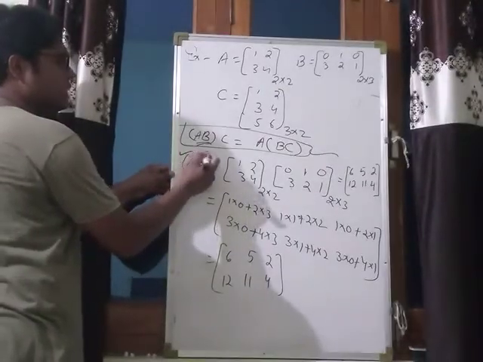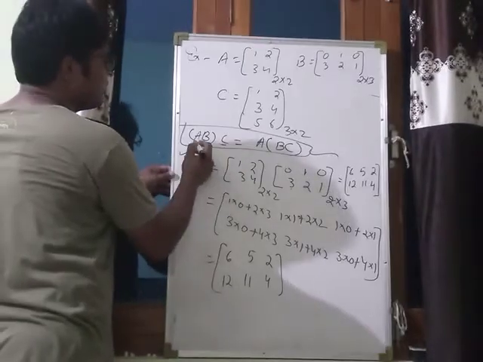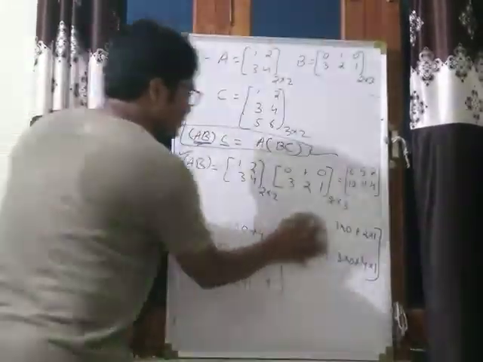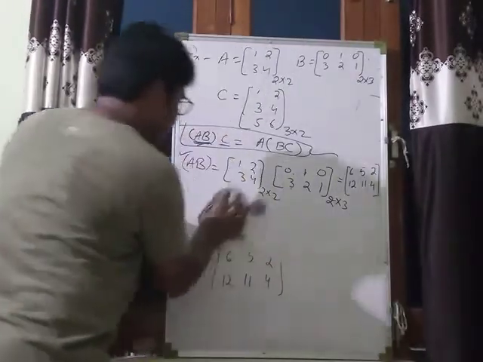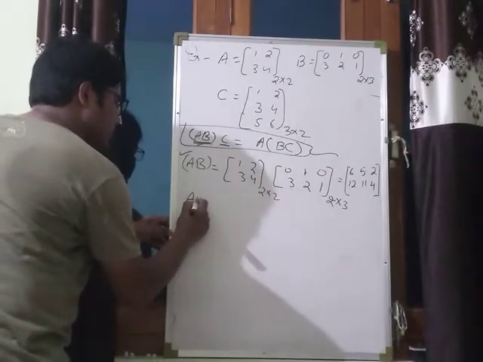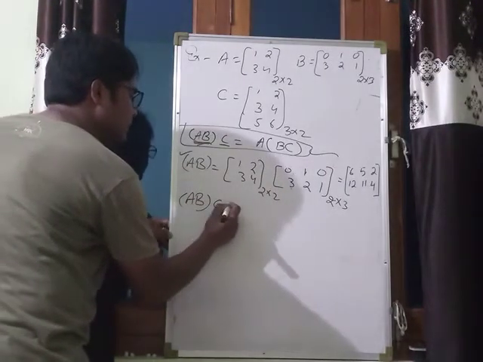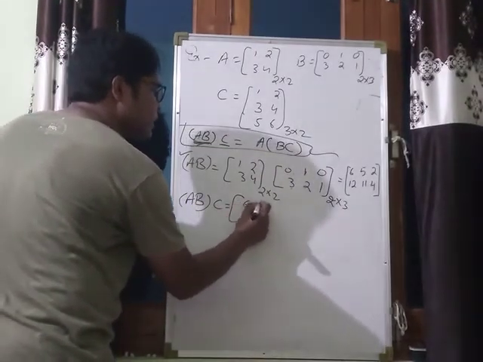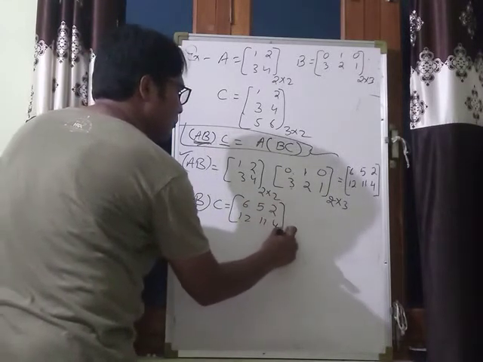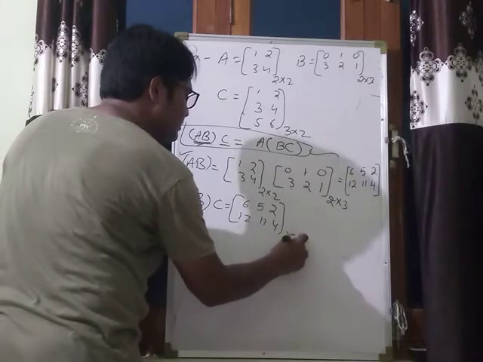Now we have matrix AB. It will multiply with C. So AB into C. AB is 6, 5, 2, 12, 11, 4, a matrix of order 2 by 3.